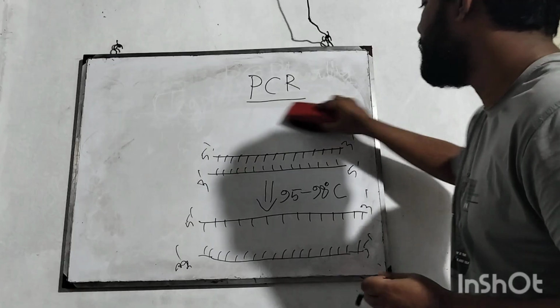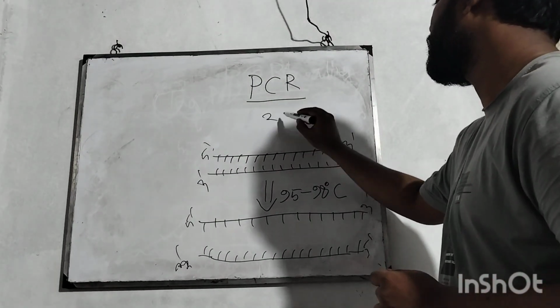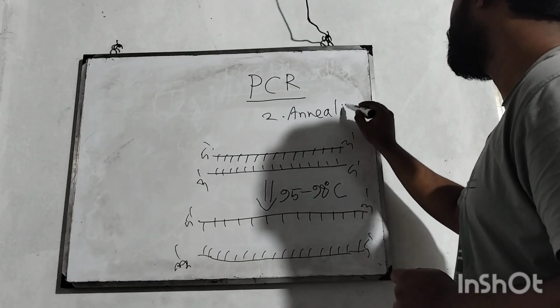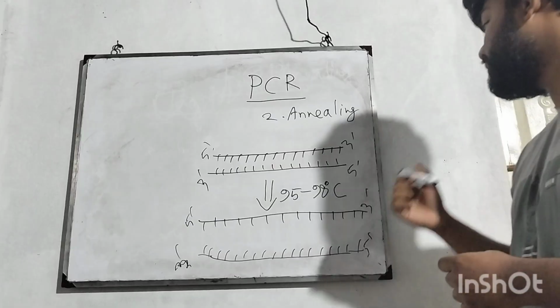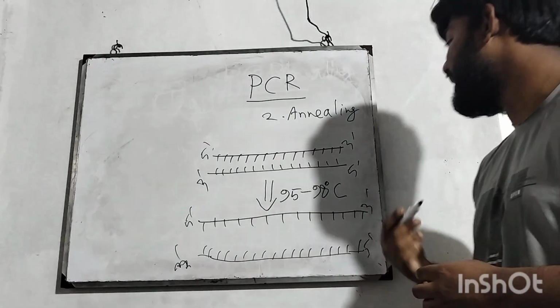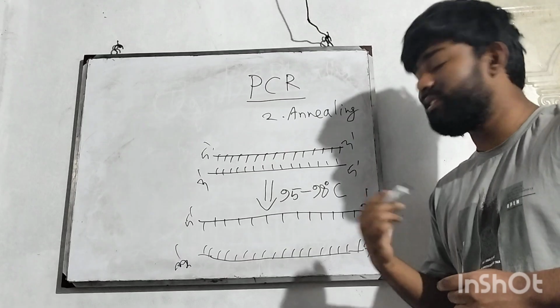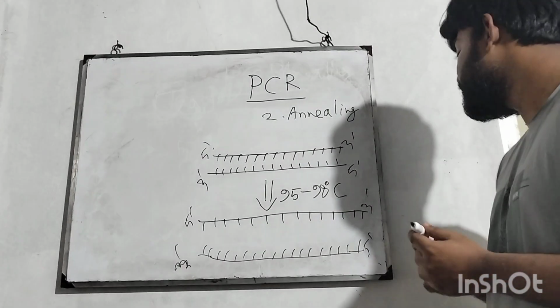The next step is called annealing. Annealing of what? Annealing of primer. We know that to extend or to synthesize the nascent DNA, the DNA polymerase needs primer.